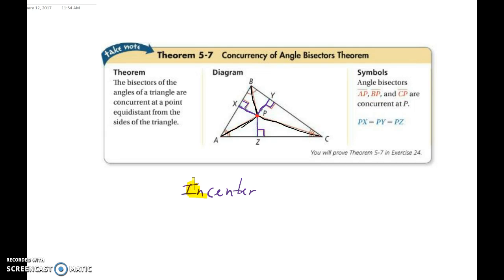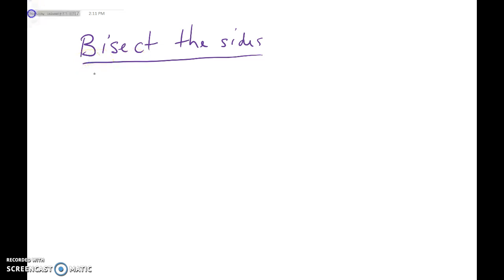All right. Now, the way that I used to help my class remember this in the past was that you would ask yourself a question: where are you bisecting? If you bisect the sides, then you are the same distance to the angles.